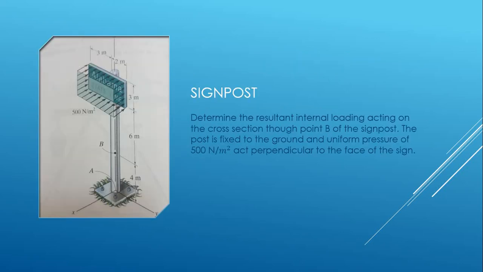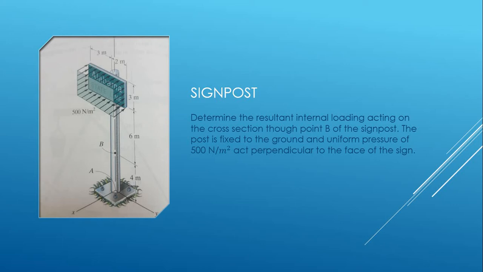Here we have a small example, a signpost, as we see in the picture. The height of the signpost is 13 meters. The signpost length is 5 meters and the width is 3 meters.